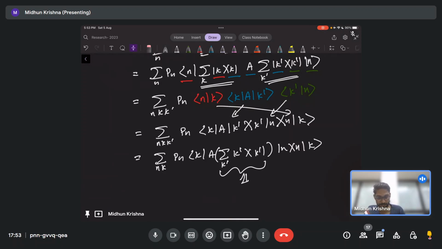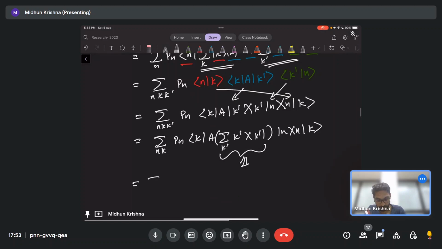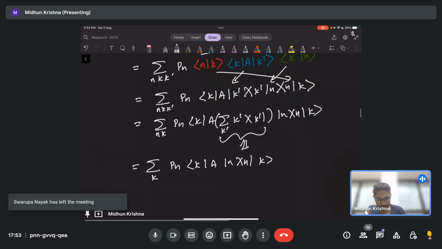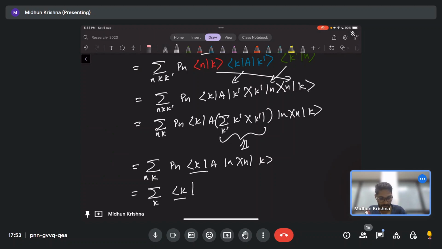So this further simplifies, and what I'm left with is the sum over n, k of Pn, k A, just k here, n k. Now I'll do a bit more rearrangement. This is the sum over k, n as well. If I do one more set of rearrangement, this k from here, this A, and then I move the Pn inside.